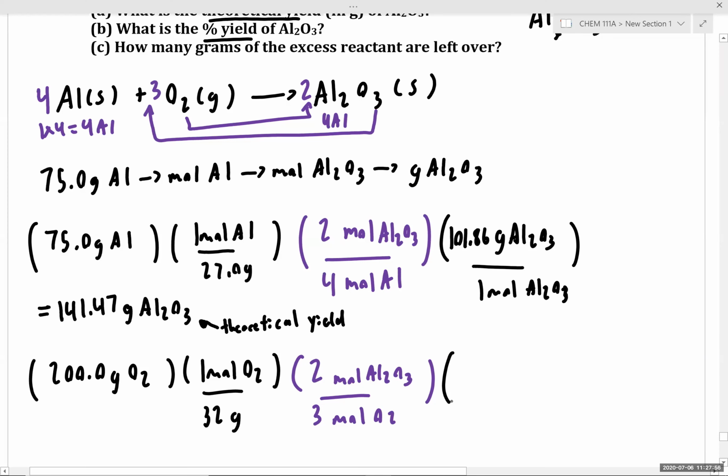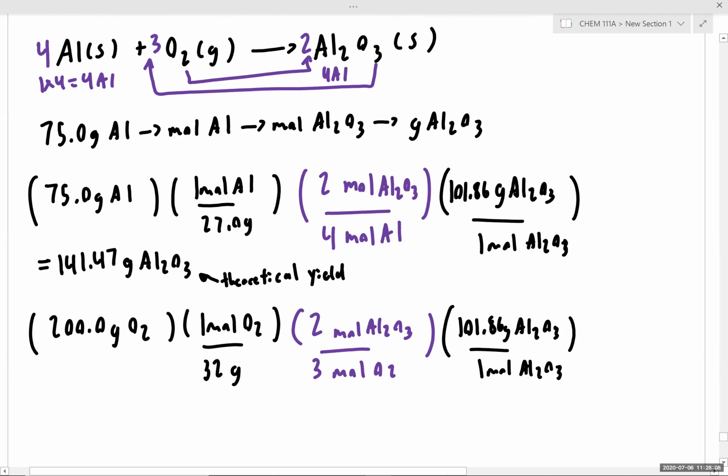Further, we know our molar mass is 101.86 grams of aluminum oxide per 1 mole of aluminum oxide. And at the end of this calculation, if we punch this into our calculator, we get 200 over 32 times 2 over 3 times 101.86.